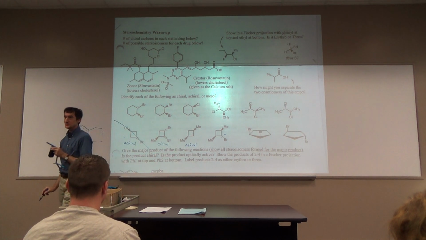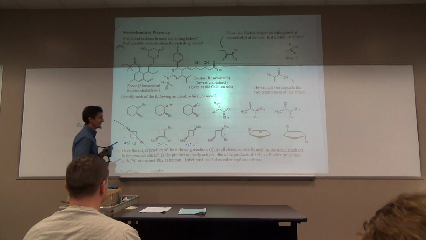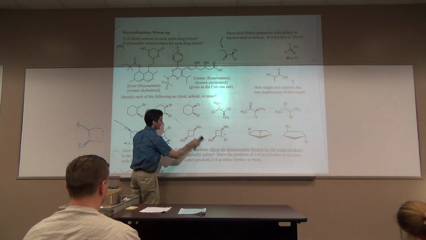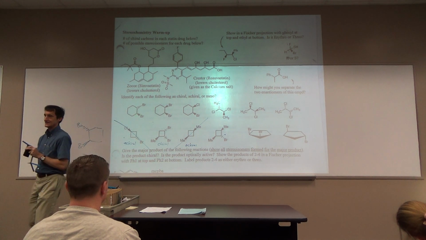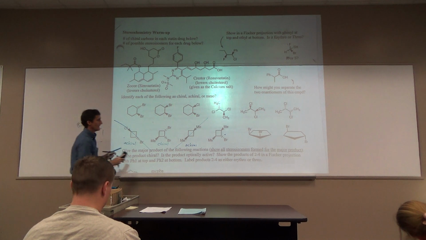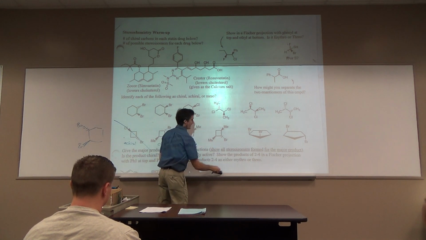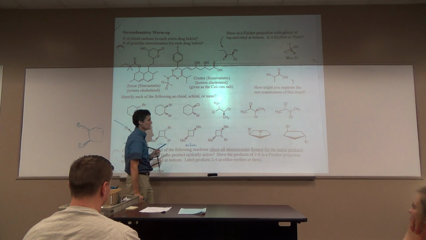How many planes of symmetry does that compound have? 2. The compound's got 2 planes of symmetry. That's 1. And the other one is where? Right through them there. Two planes of symmetry. Achiral.